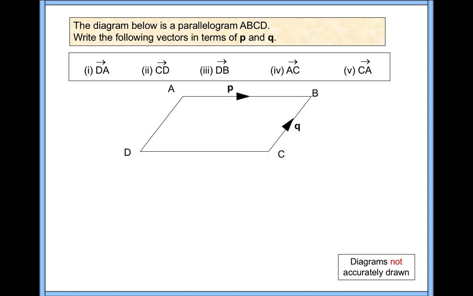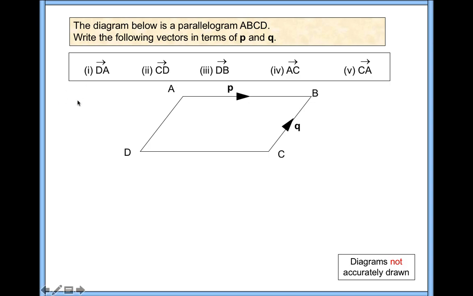Now, coming back to the question, you have to describe vector DA in terms of P and Q. To find vector DA, you should remember the property of parallelogram, that is, side DA and side CB of the parallelogram are congruent, right? Because as per the property, opposite sides of a parallelogram are congruent.